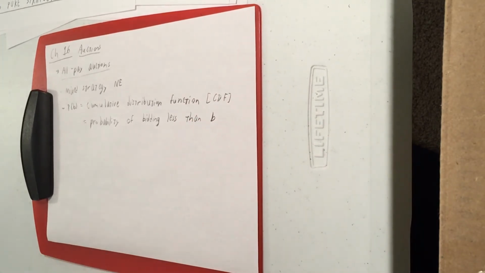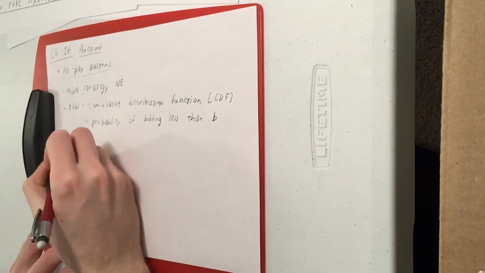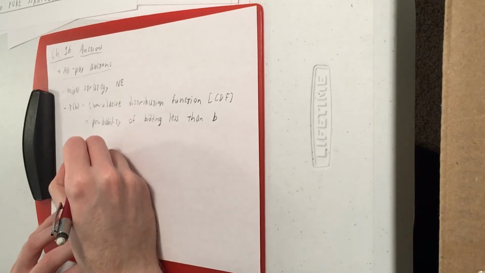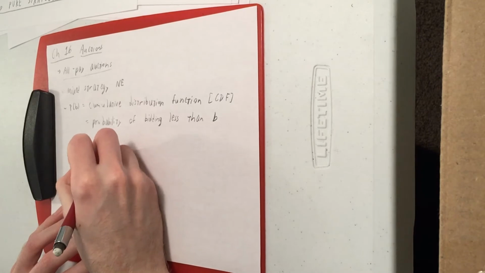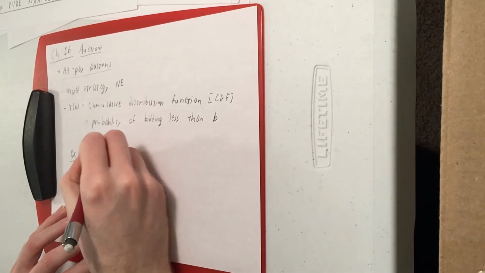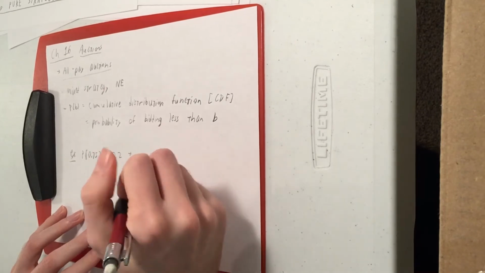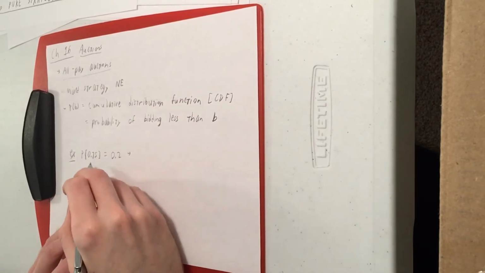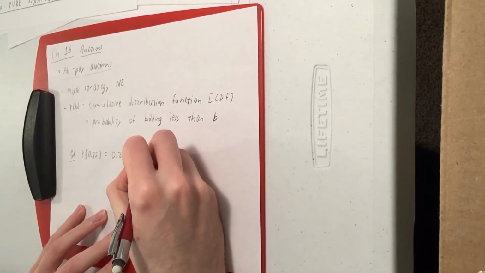So here are some examples as to what that might mean. Let's say you have some P of B and you get this value of P of 0.75 is 0.2. That means the probability you bid less than 0.75 is going to be 0.2.